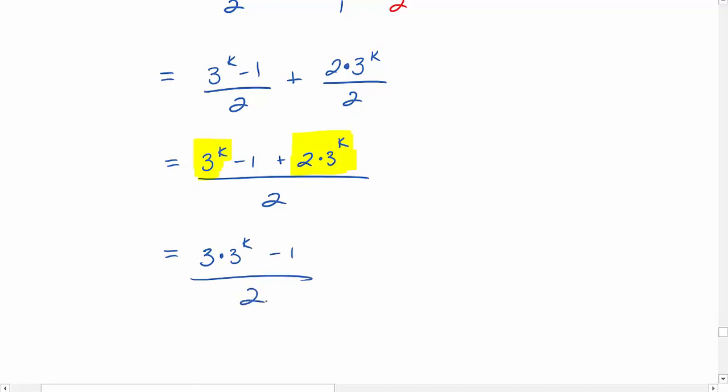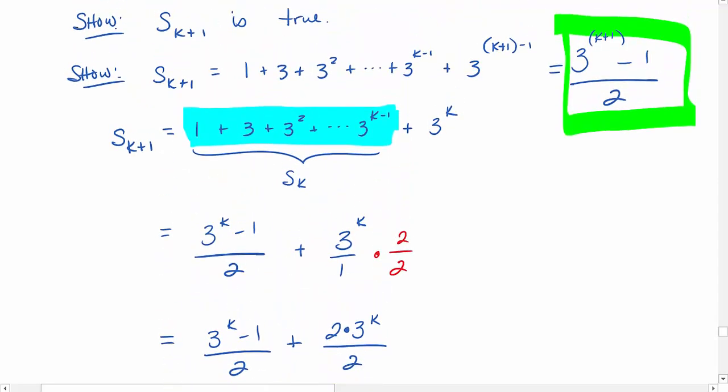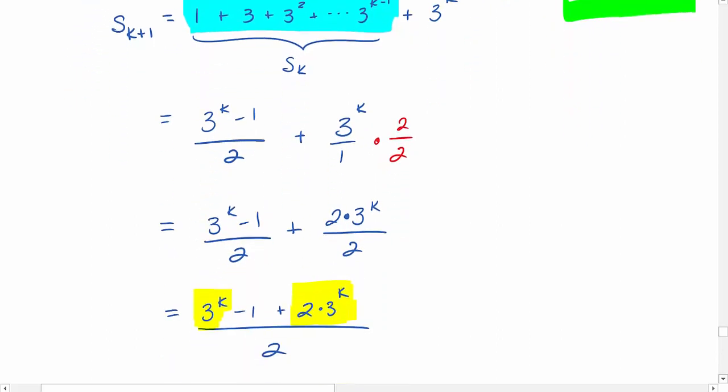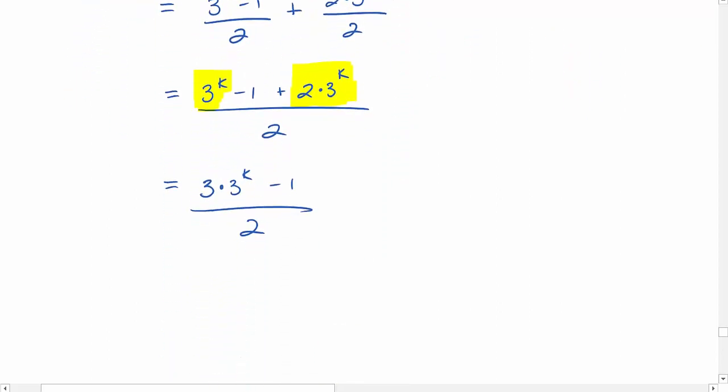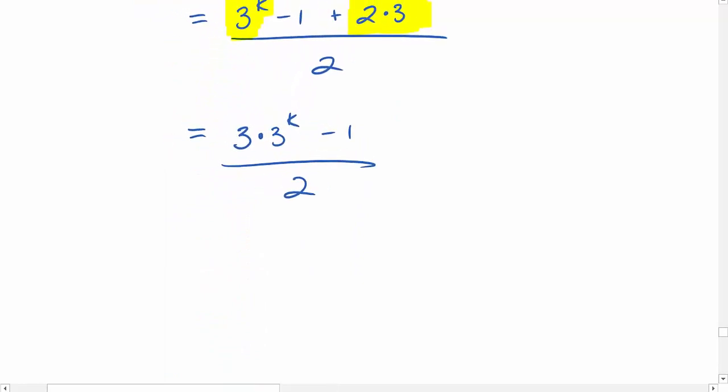Well, we're getting closer to the green box, right? We have the minus 1 and the over 2. It's that 3 to the k plus 1 that we don't have quite yet. Well, I have 3 times 3 to the k. This standalone 3 is actually 3 to the first. We can now use exponent rules to combine these. See, we have the same base.